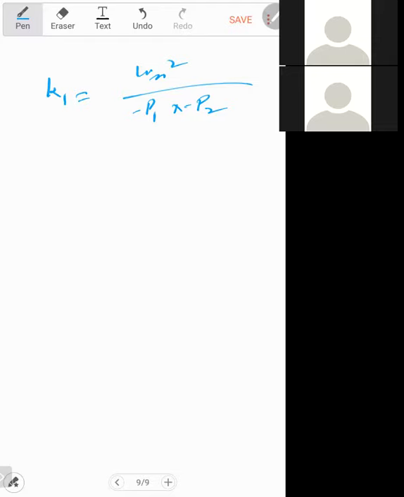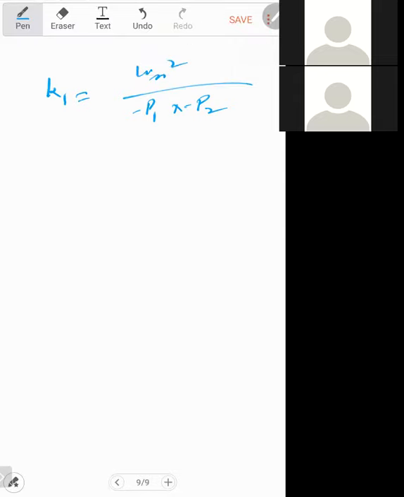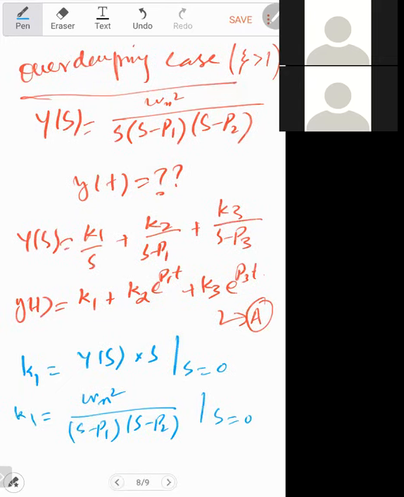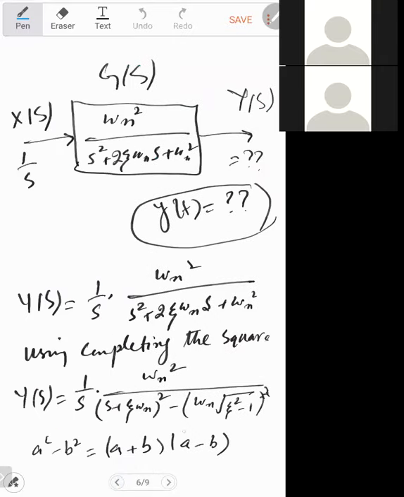We also know, in this expression, the previous one, that S minus P1 and S minus P2, if we go back to the original function, this is equal to this one.